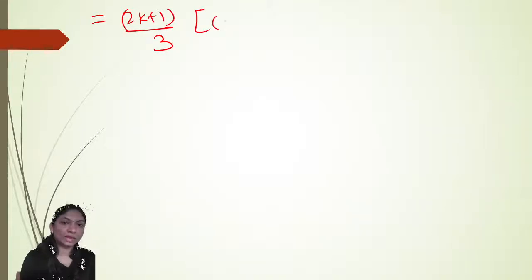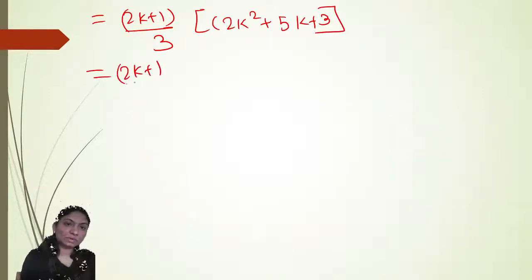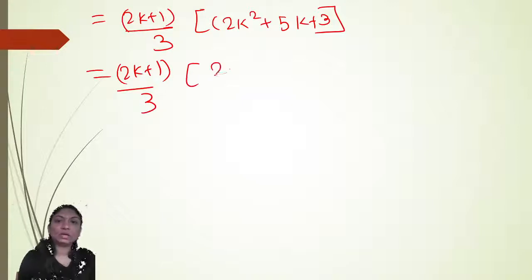Then (2k plus 1)/3 bracket 2k square plus 5k plus 3. So (2k plus 1)/3 bracket 2k square plus 2k plus 3k plus 3.